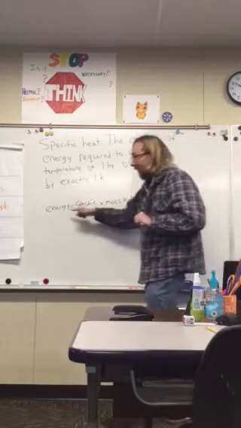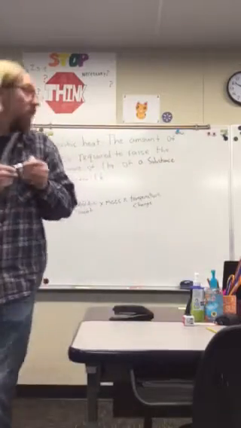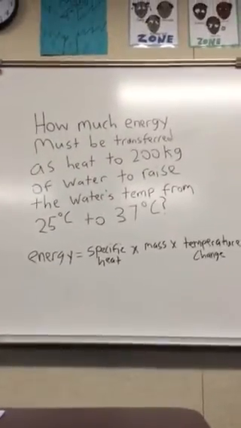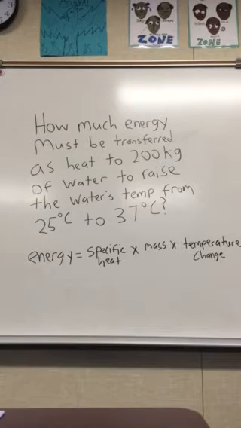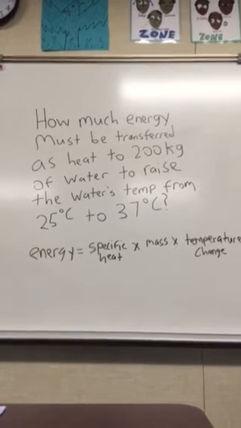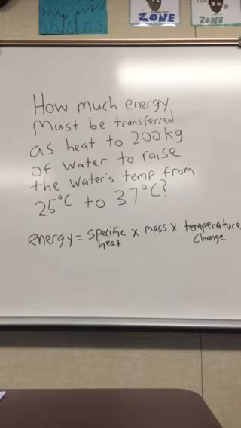So, we are going to get some practice with this equation. Take a look over here. This is asking, how much energy must be transferred as heat to 200 kilograms of water to raise the water's temp from 25 degrees Celsius to 37 degrees Celsius?